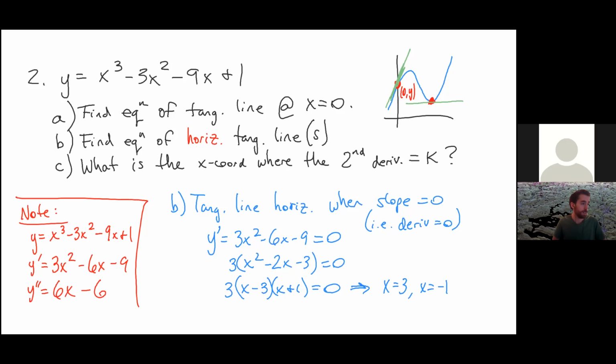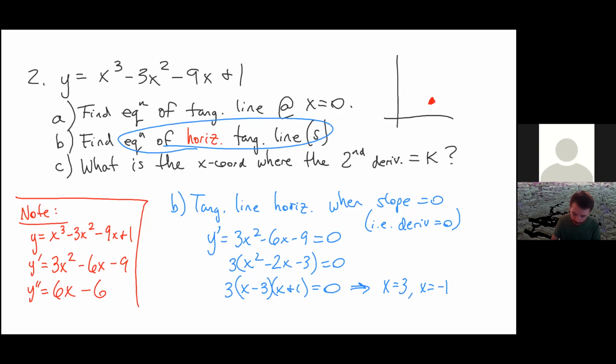But that's not all, right? That's just the x value. Those are just the x values where the tangent line is horizontal. It's not the equation of the tangent line like we wanted. So for the full equation, we're going to need to know the y values. Let's go back up to this drawing.